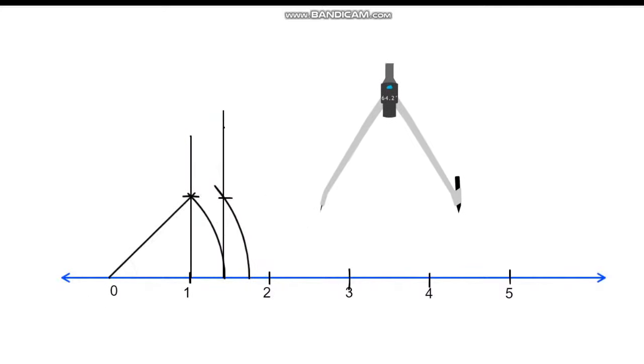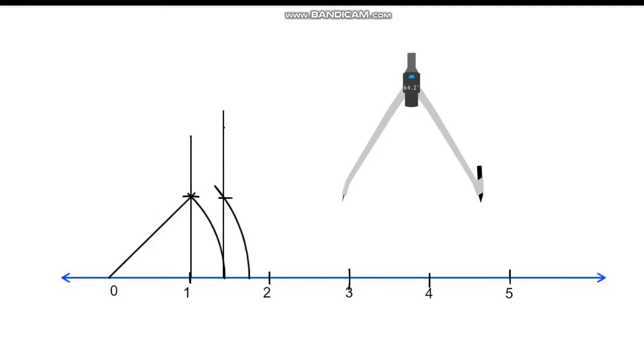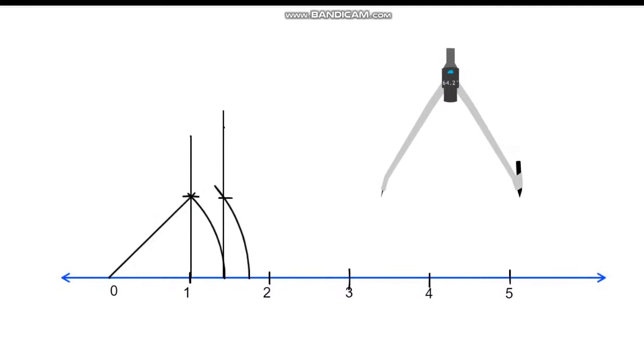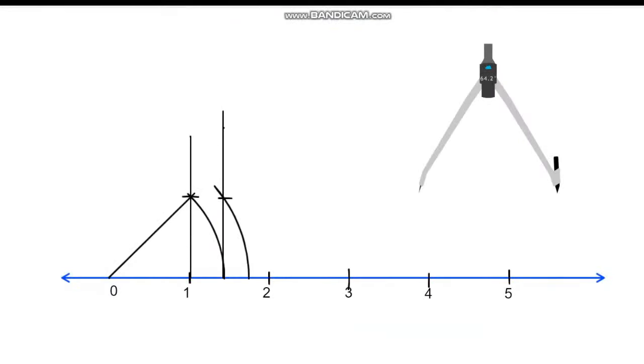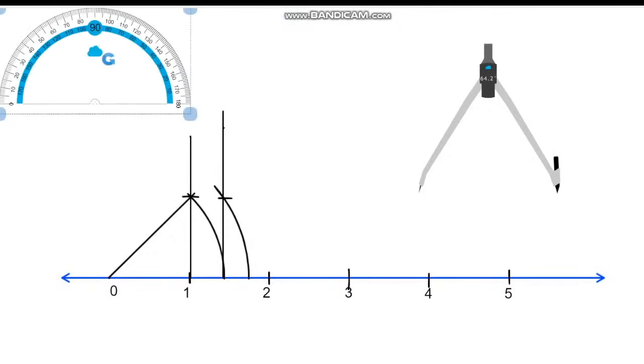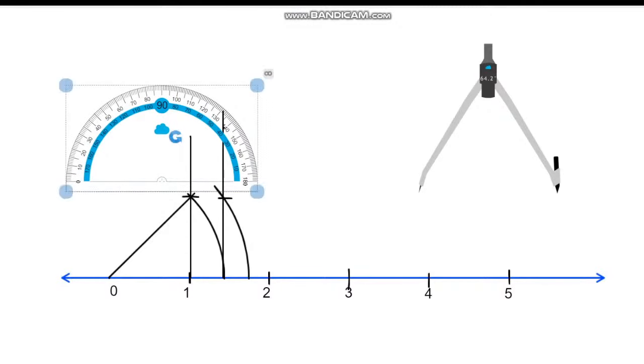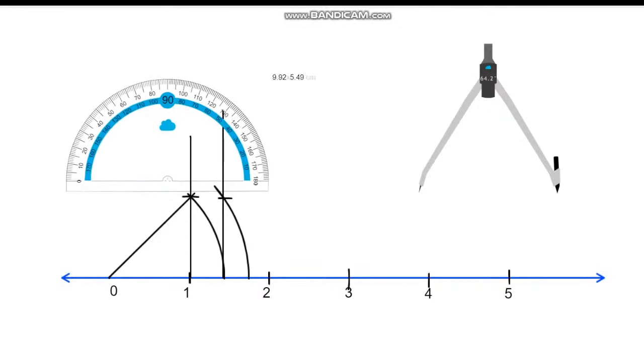Okay, and in this way go for another step from here. And now the next step is for root 4.